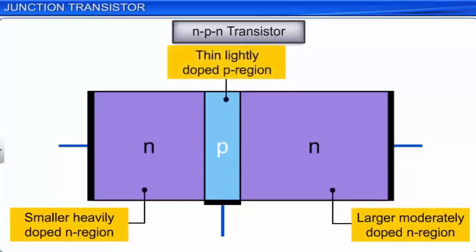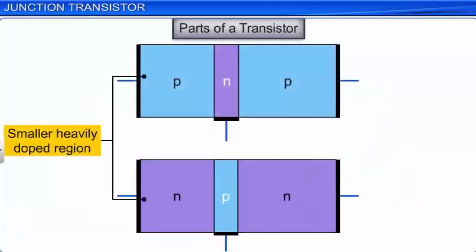The smaller, heavily doped region in a PNP or in an NPN transistor is called the emitter. The emitter supplies a large number of majority charge carriers that are holes in a PNP transistor and electrons in an NPN transistor.